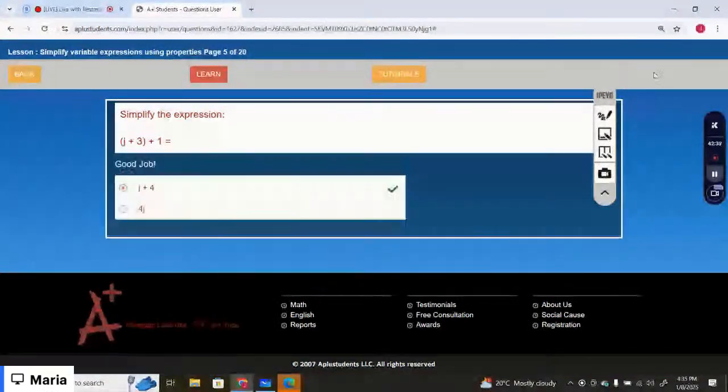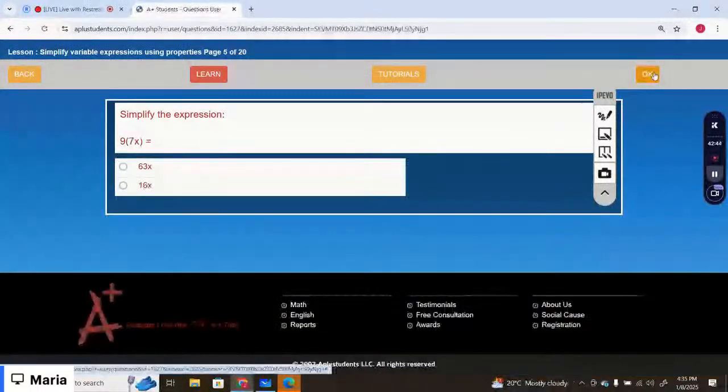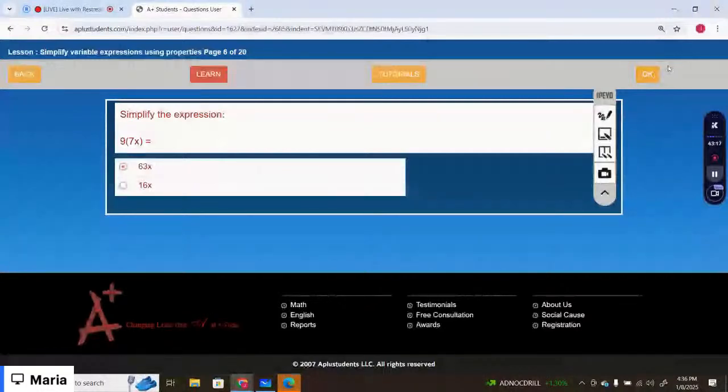Option number 1 is the correct option. Simplify the expression. That is 9 times 7 is 63x. Option number 1 is the correct option.